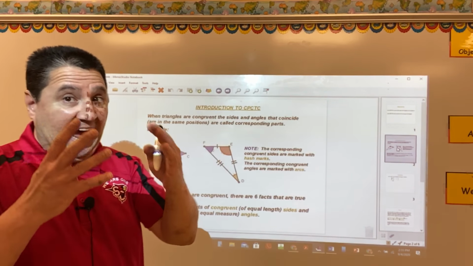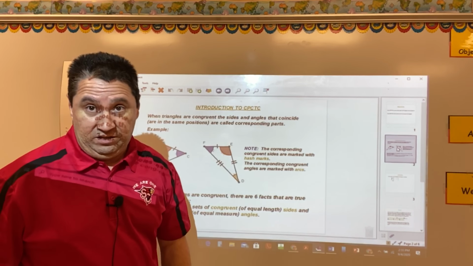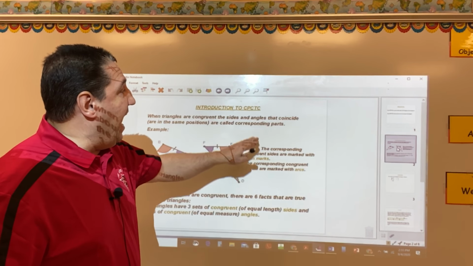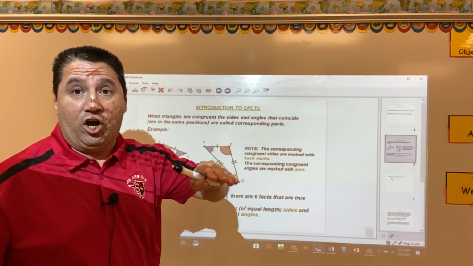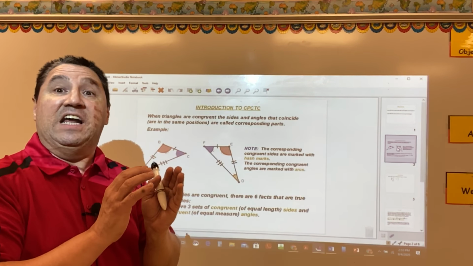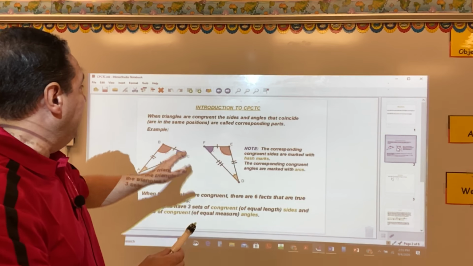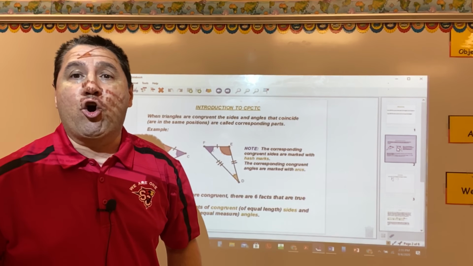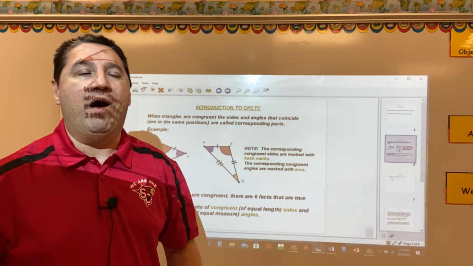When triangles are congruent, the sides and angles that coincide, meaning they are in the same position, are called corresponding parts.